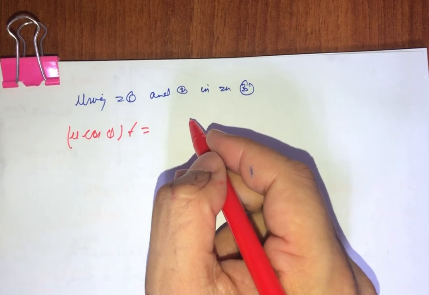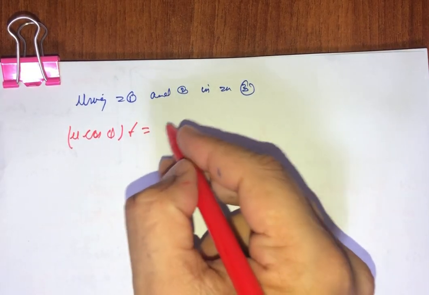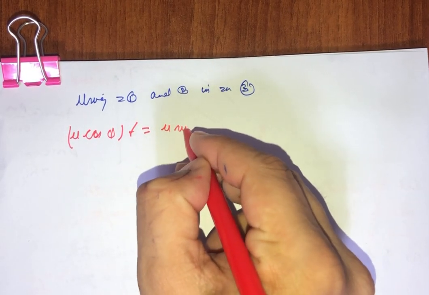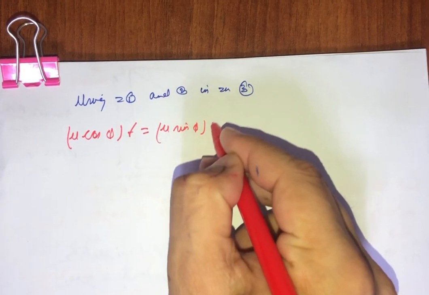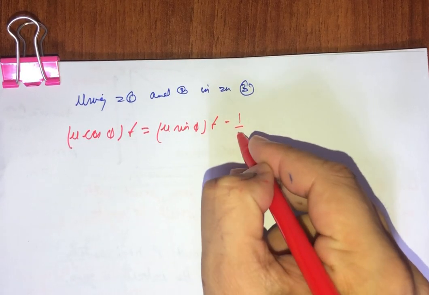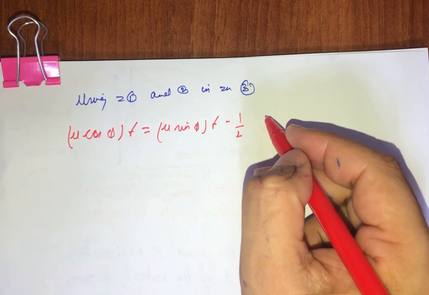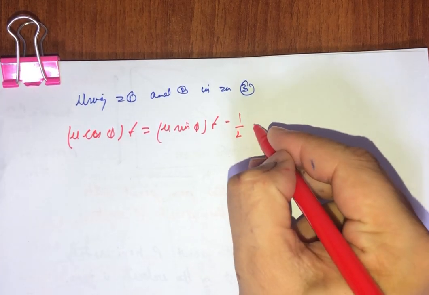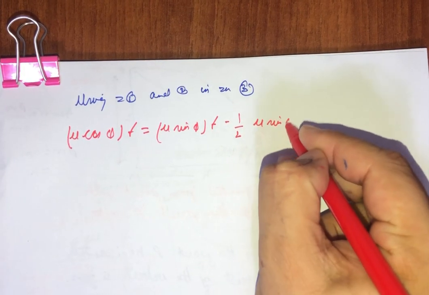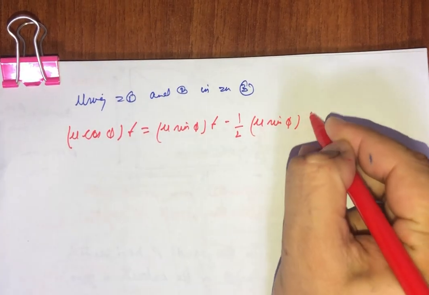This is equal to u sine of phi into t minus half, and gt we already know is u sine of phi, multiplied by t.